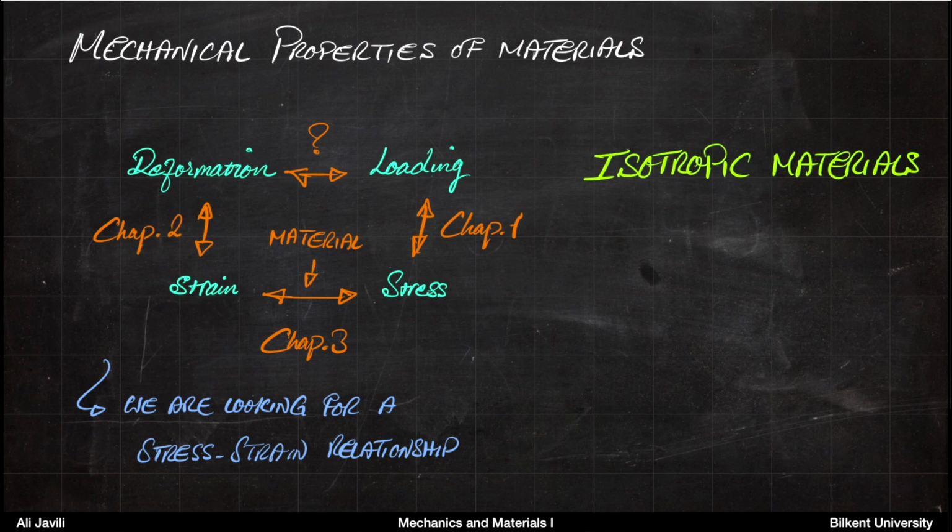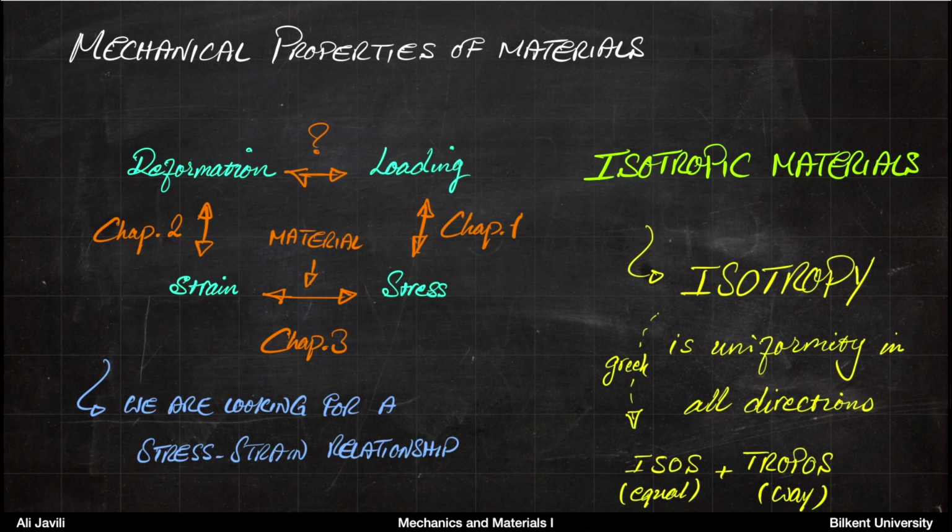Before I talk about stress-strain relationship, I need to remind you that we talk about isotropic materials in this course. In Mechanics and Materials 2, you will also learn how to treat anisotropic materials. But for this course, the word isotropic is always an important concept to remember.